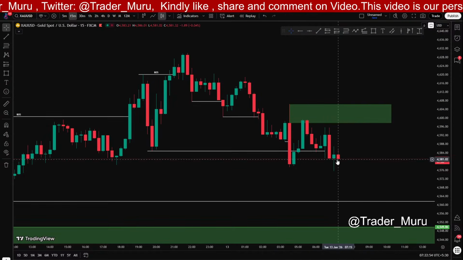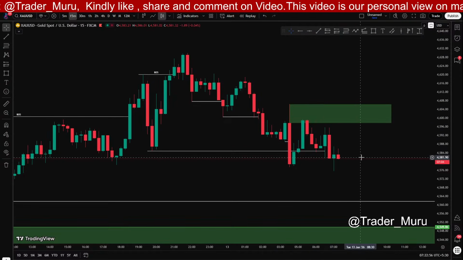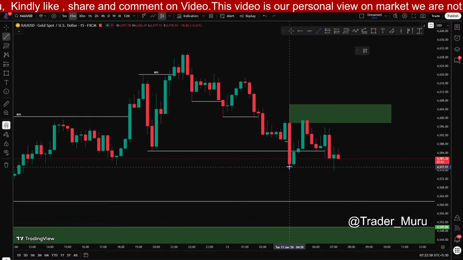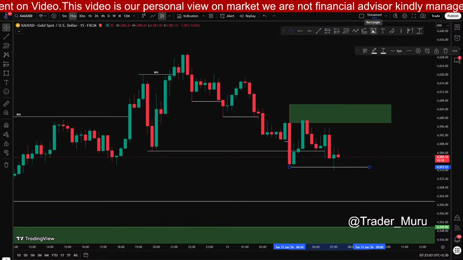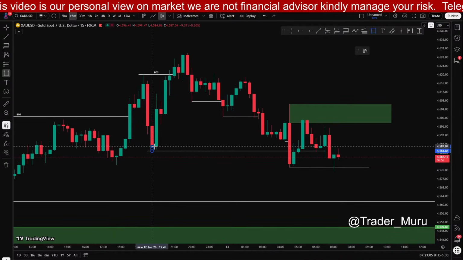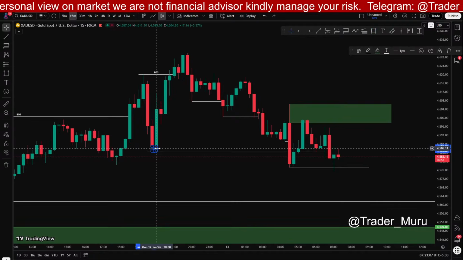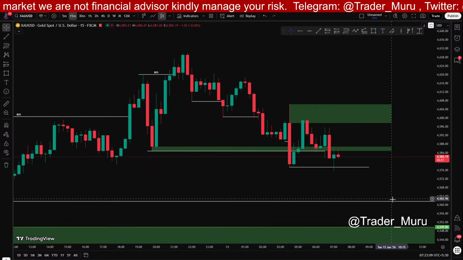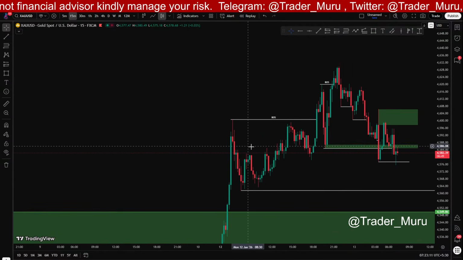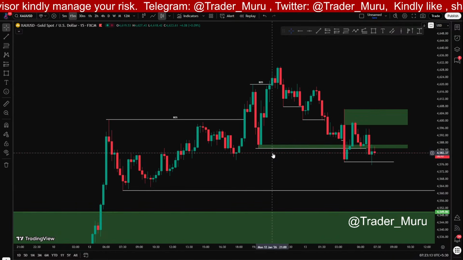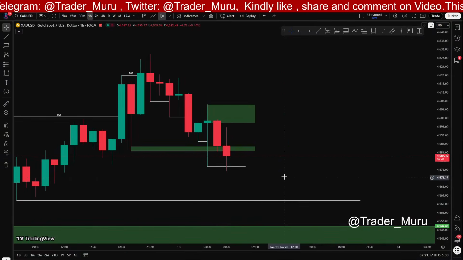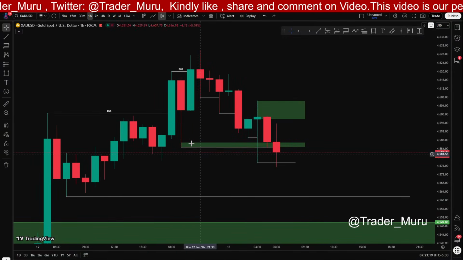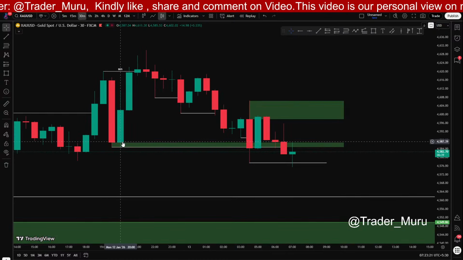So from here price is dropping. Here will be another breakout structure, and this will be your short POI. Here, this full area will be your short POI.